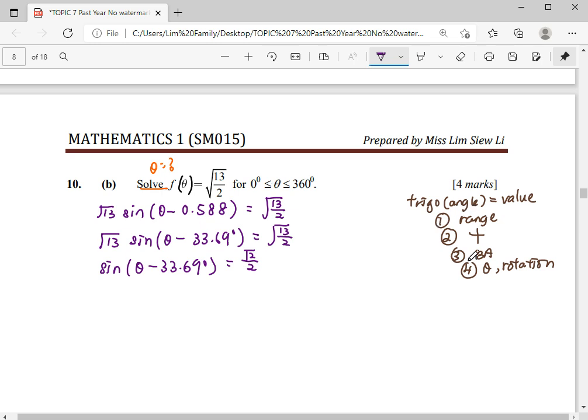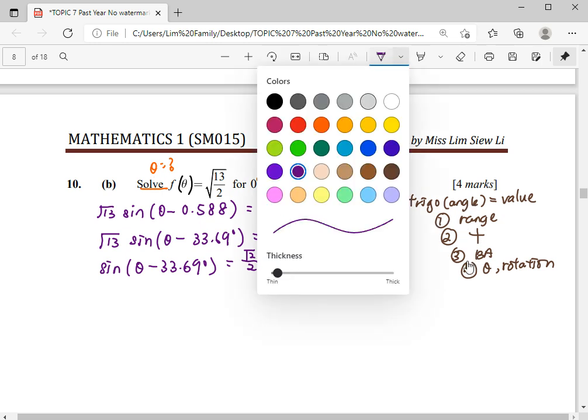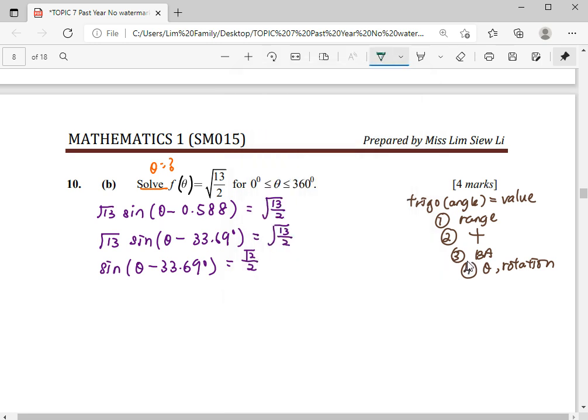Okay, so we start our steps here, where the first one is range. When we're talking about range, you can see the range given here from the question. Angle answer must be in between 0 and 360. But based on my solution here, it is not just angle, it is angle minus 33.69.